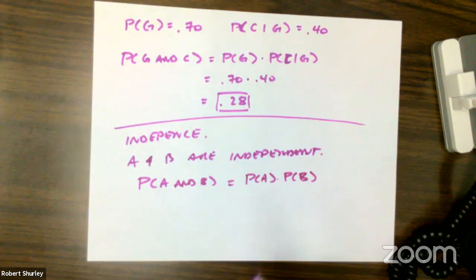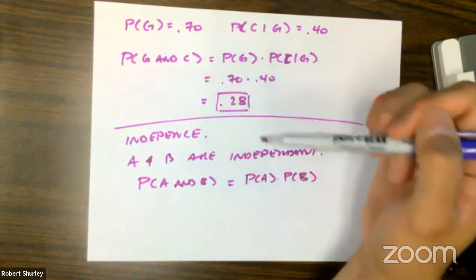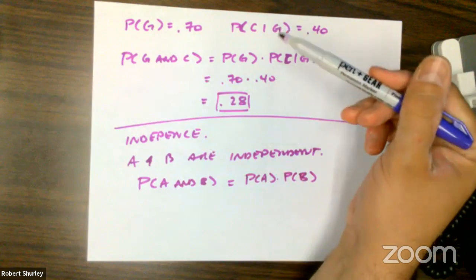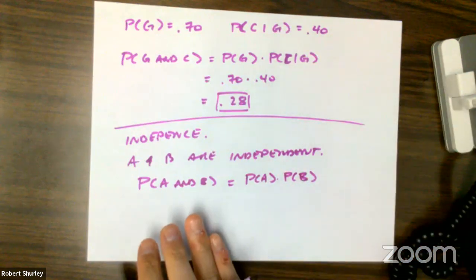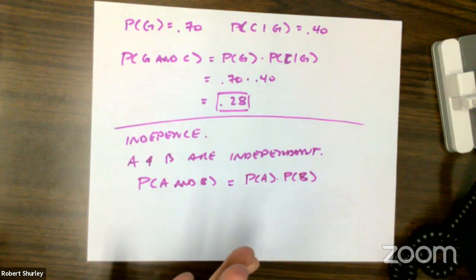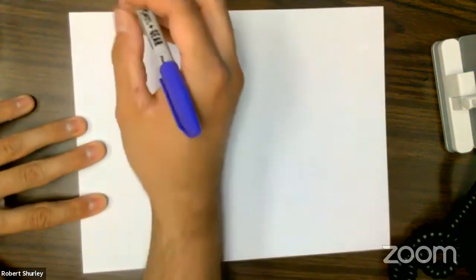And I'm going to give you an example of an experiment where in one way we have independence and the next way we don't have independence, okay? And I'm going to use that deck of cards example. So the first example, this is when we have independence.